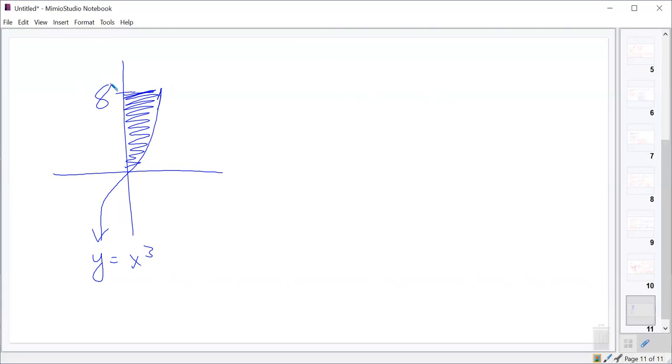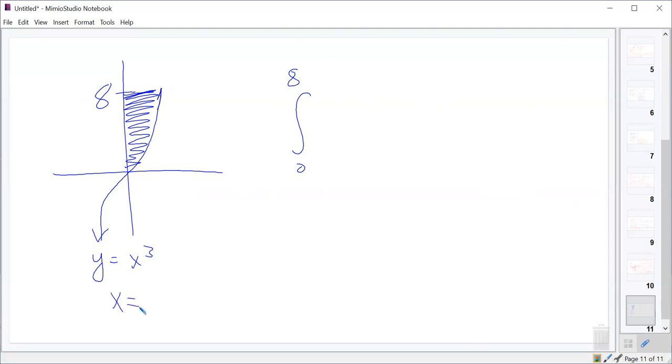So how would we go about this one? We're going to go bottom, top. So what's the bottom part of the region? 0. The top part of the region is 8. And since we're doing it in terms of y, we're going to have to rewrite y equals x cubed in terms of y.